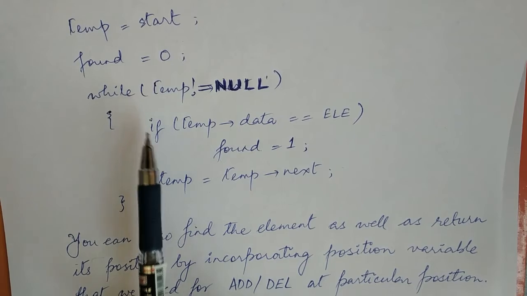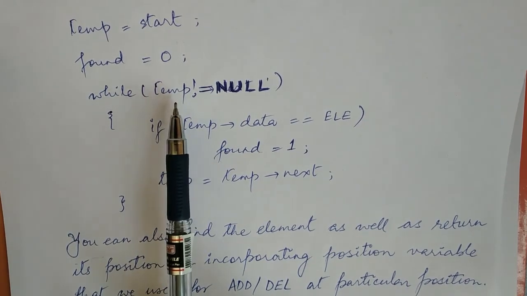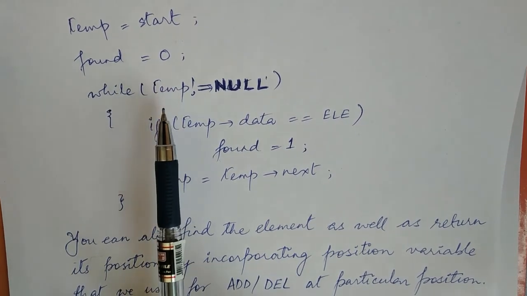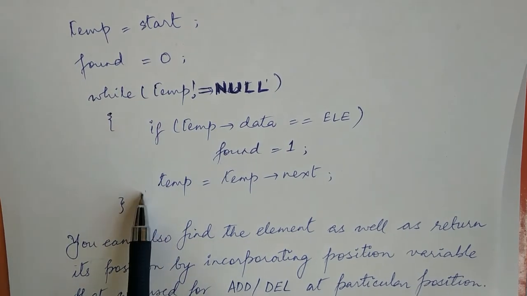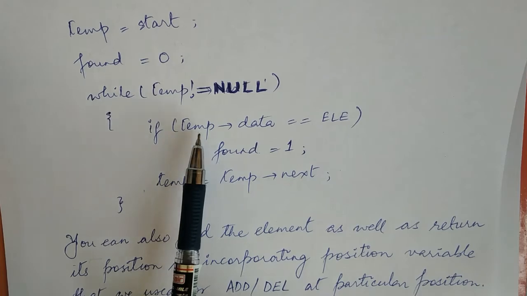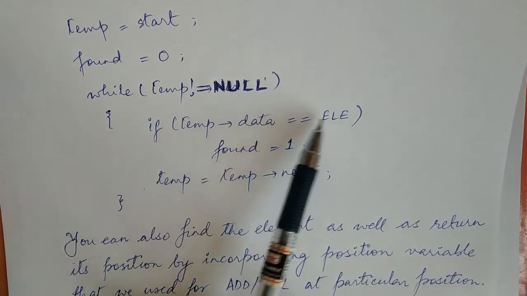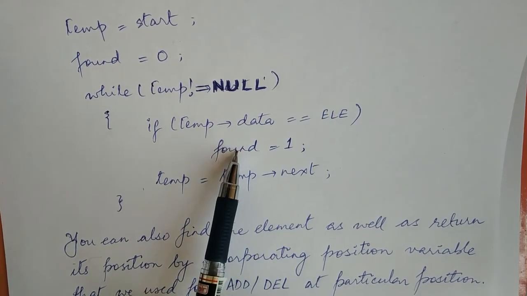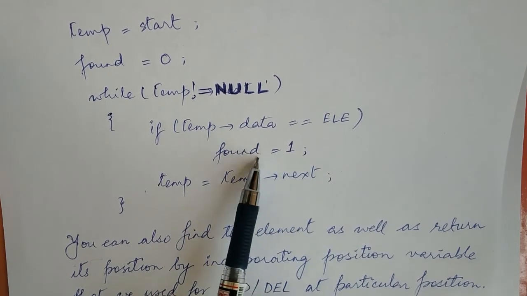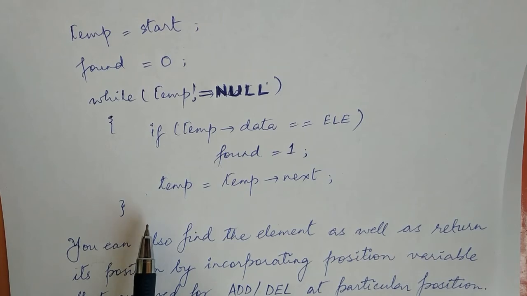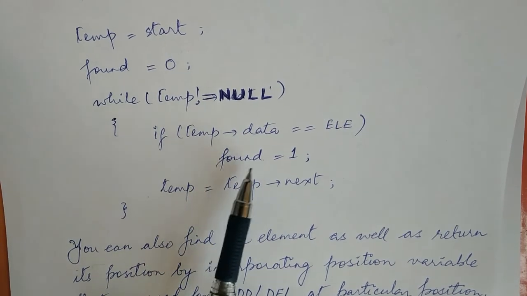So you can have position. If you remember, we did add and delete at a particular position. So we had a position counter which we were incrementing. So if you're looking for an element in the linked list, you add another condition here that you also save the position of this element, and then you can have both the position and the fact that the element is present.